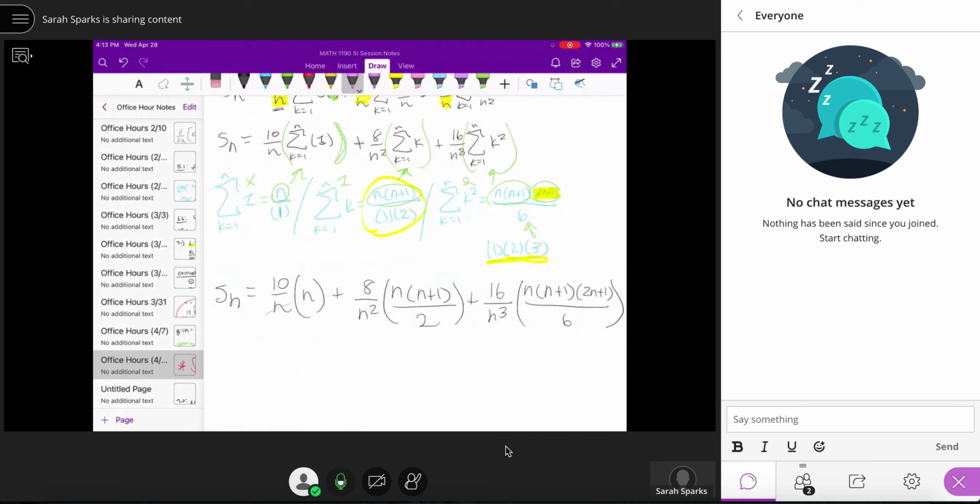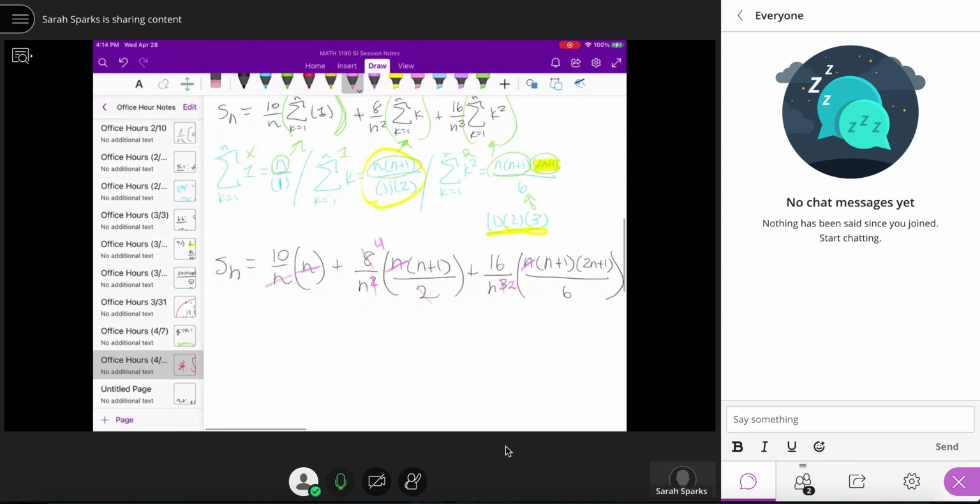All right, so we see these n's are going to cancel out. One of those n's is going to cancel out with that n on top, and that 2 is going to cancel out with that 8 to make it 4 up top. And then one of those n's is going to lead to a 2. It's going to cancel out with that n up top.